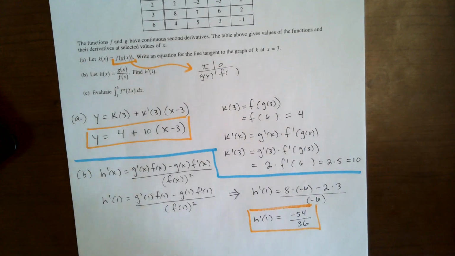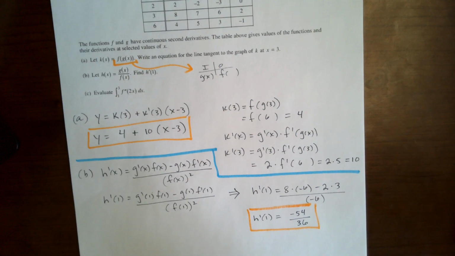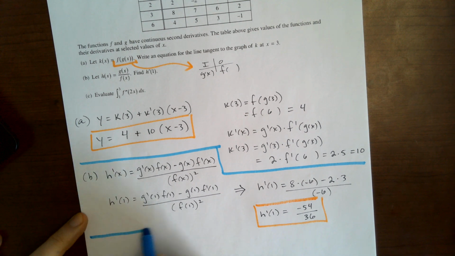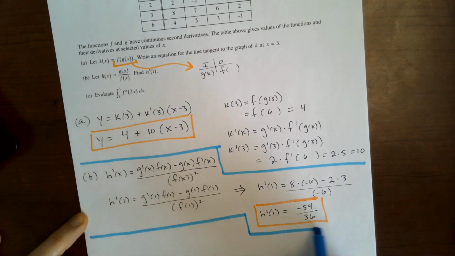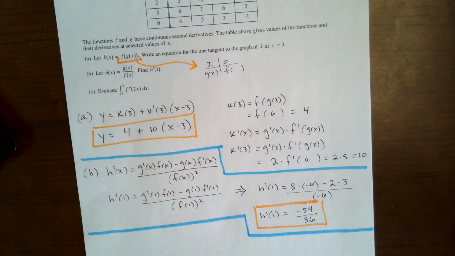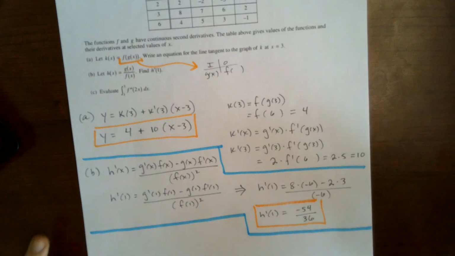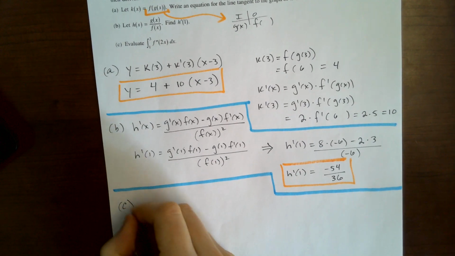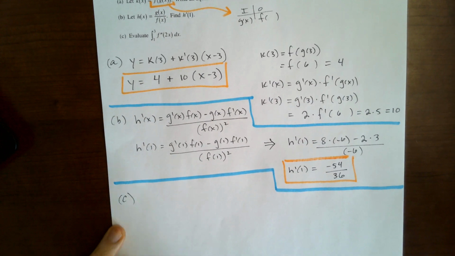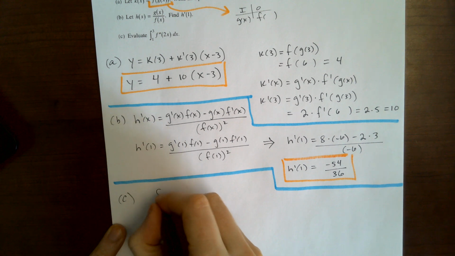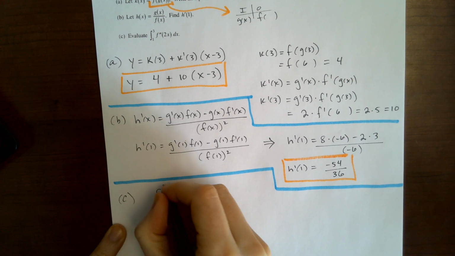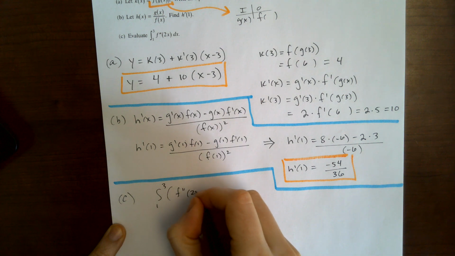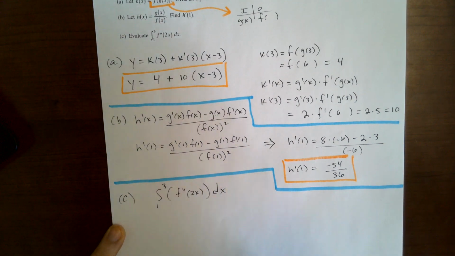Okay, and now we have the last part. So this very last part, this is nice. Now, if you've gotten to J-6, you should have an idea of how to do this. Okay, so let me do it. So this is part C. So we've got the integral from 1 to 3 of f double prime of 2x dx.